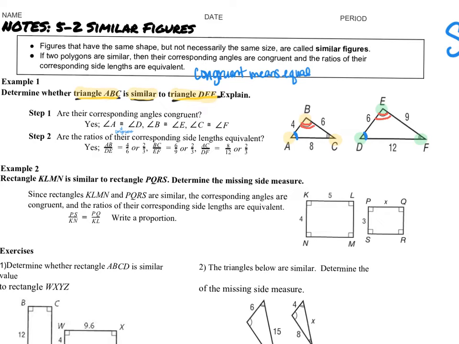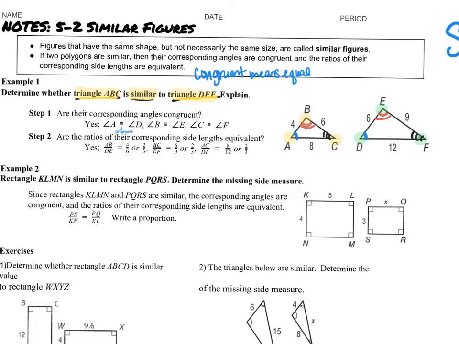And then the last one is C and F are congruent. So looking at this, we figured out that all of these angles are congruent.